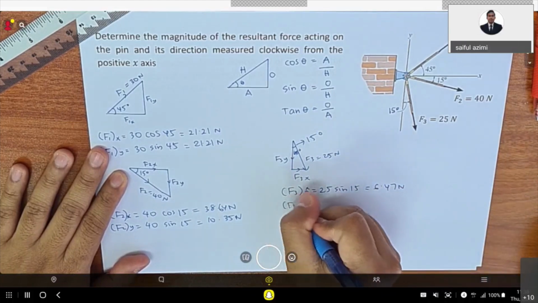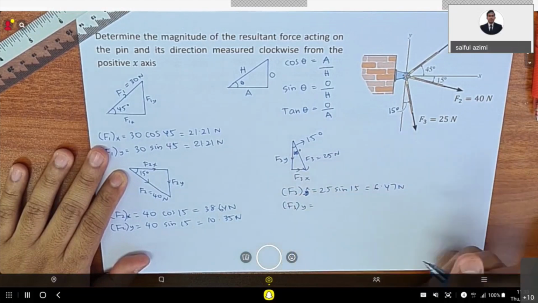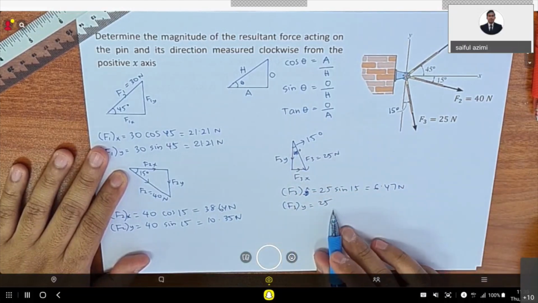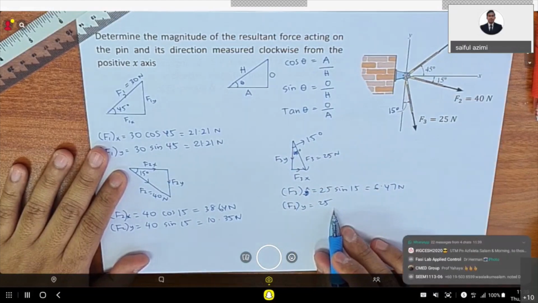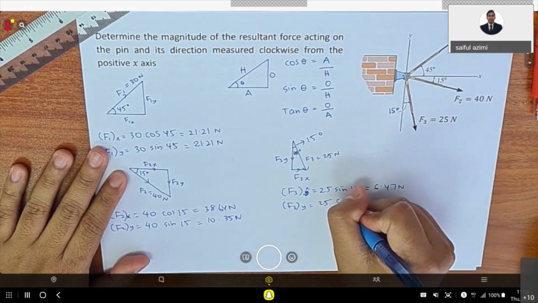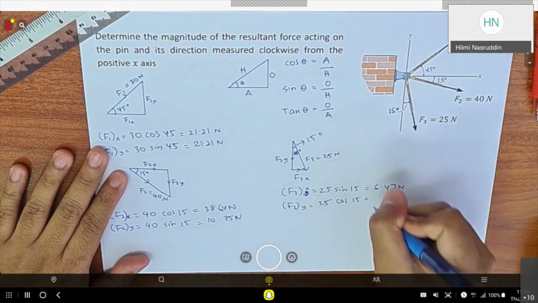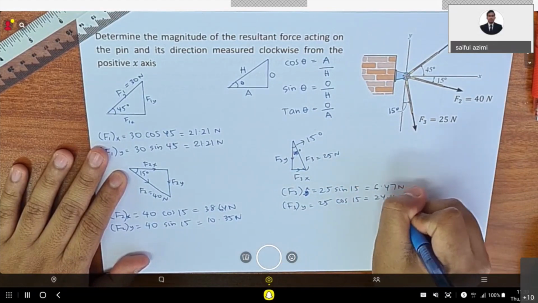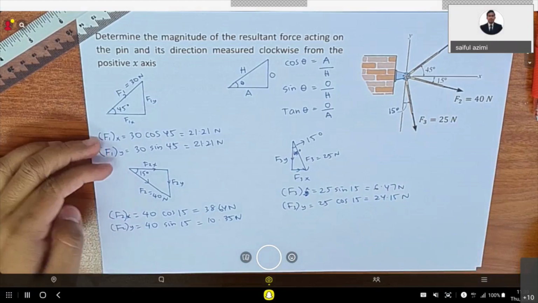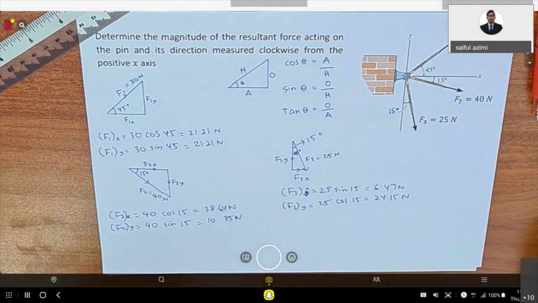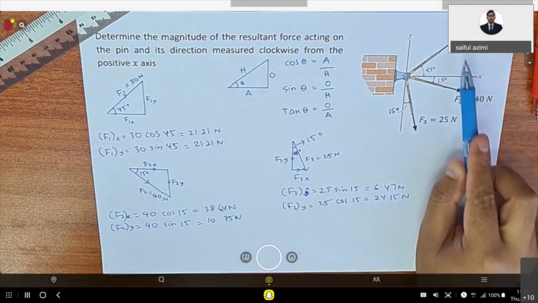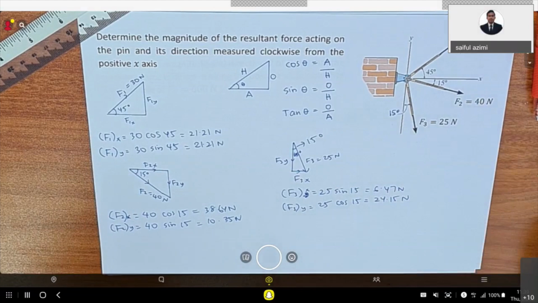So for F3y, it is 25 cos 15, which is equal to 24.15 Newton. So this is why we draw the triangle of each component, because we wanted to avoid some mistakes.